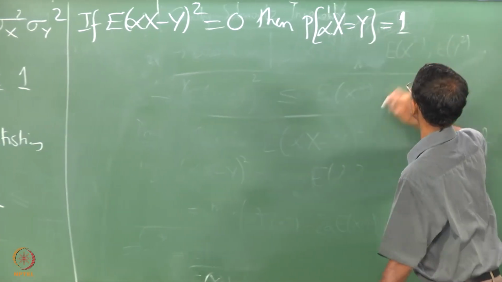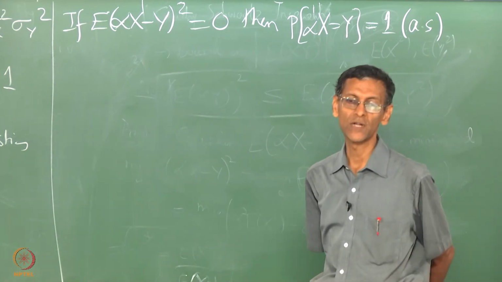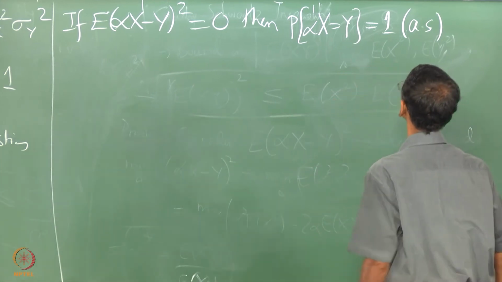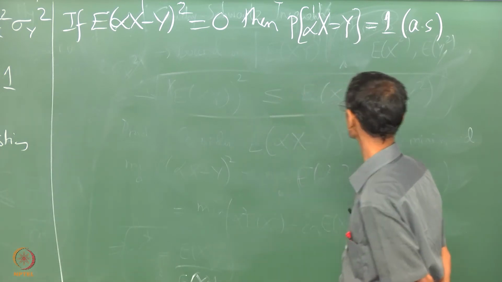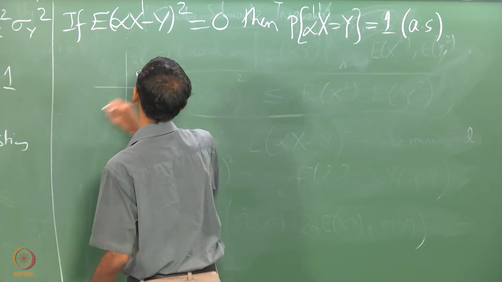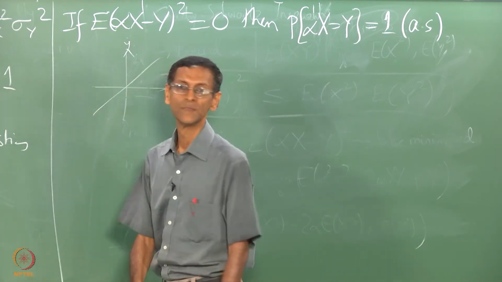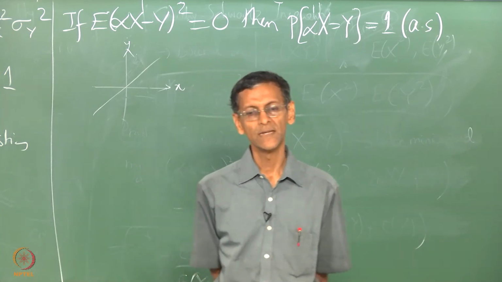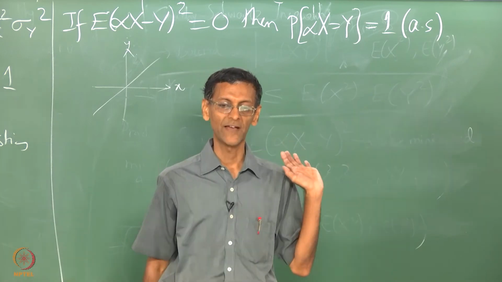That is what is called a.s., almost surely: alpha x equal to y almost surely, that is the statement used. That means basically you have something like this, that y is more or less nothing but alpha x.